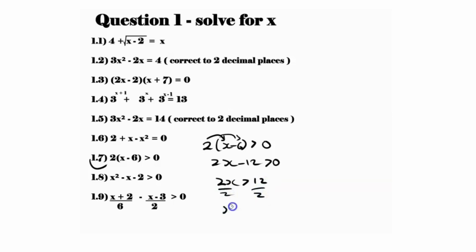Remember, since we're dividing with a positive number, the sign will not change, so it's going to be x is greater than 6. That's basically how we do it. If they say we must write it down, we can also write it this way. Remember, it's from 6 to positive infinity.